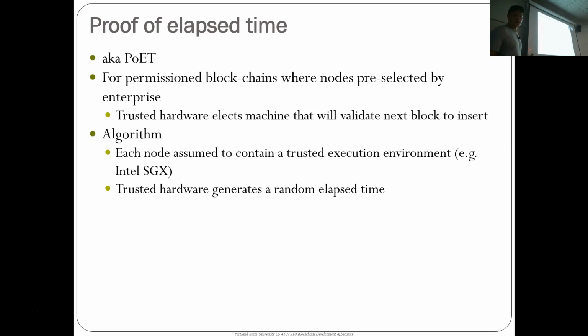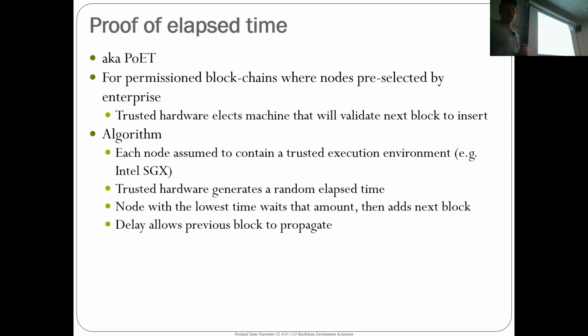The trusted hardware generates a random elapsed time, and the node will wait that elapsed time. As soon as that elapsed time expires, it will try to add the next block. The node with the smallest elapsed time will always win that race to insert the next block, and that will be the one that's allowed to insert. Okay.